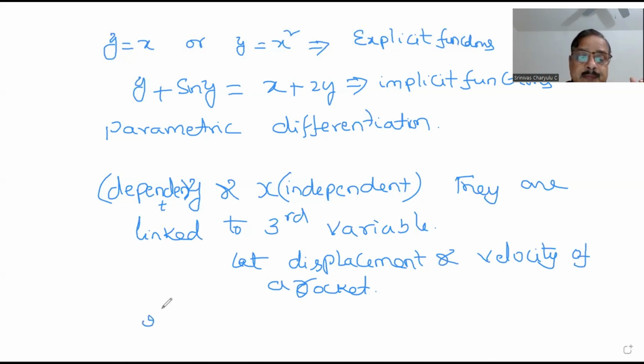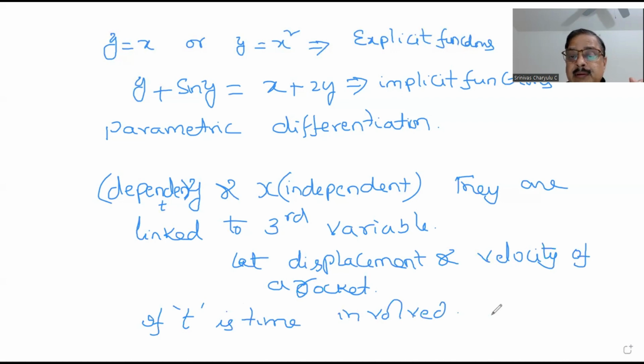So if t is time involved, what will happen here? Displacement will vary because as the projectile moves upward, with respect to time, the distance keeps on increasing. As the rocket goes up, distance will be increasing.